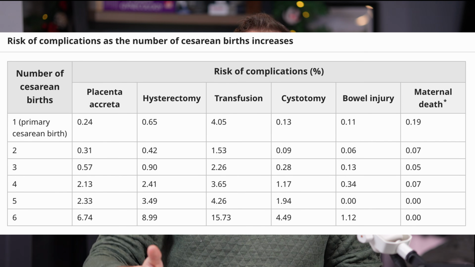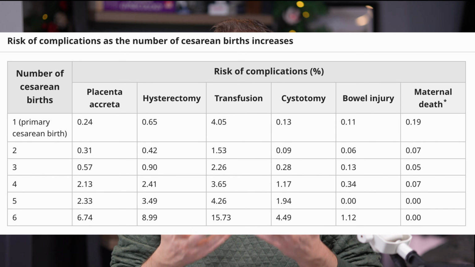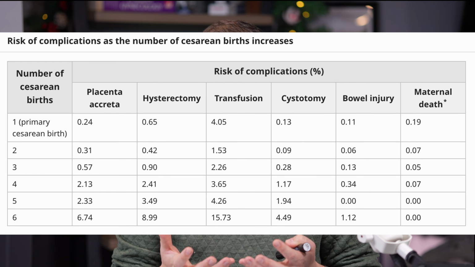If somebody is in an area where they don't have these resources, and definitely I've heard of this in other countries where maybe they don't have the resources that we may have at this time, they might restrict somebody to 3 C-sections, okay? And it might not be a mutual discussion. It might be, no, you're done after 3 because of these risks. As you start to see on this chart, after 3 C-sections, after 4 C-sections, some of those risks really start to go up exponentially. Okay, I hope this helps answer some of these questions.